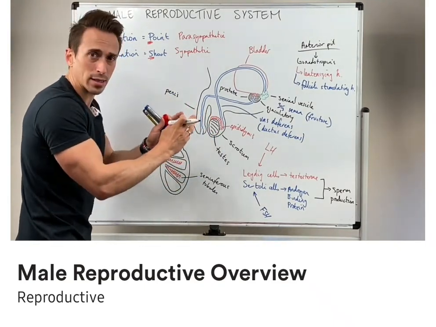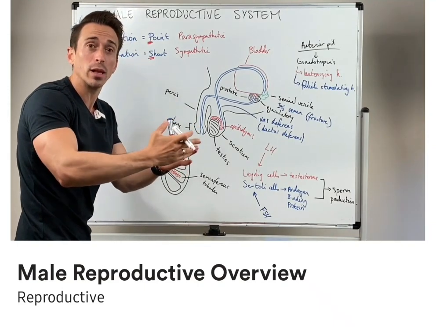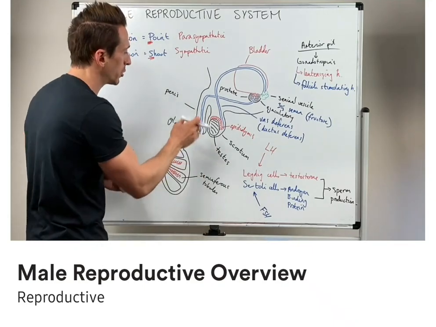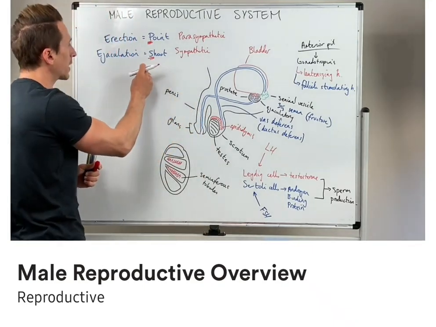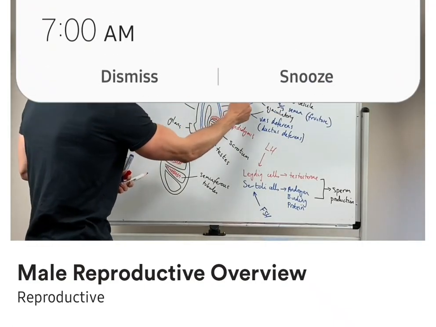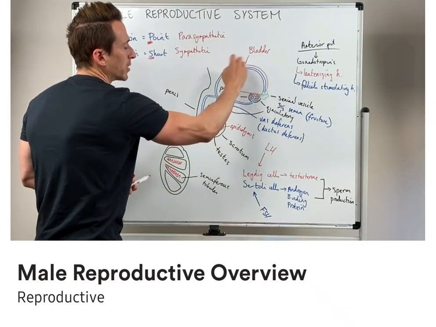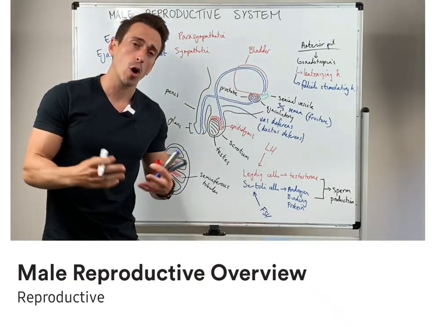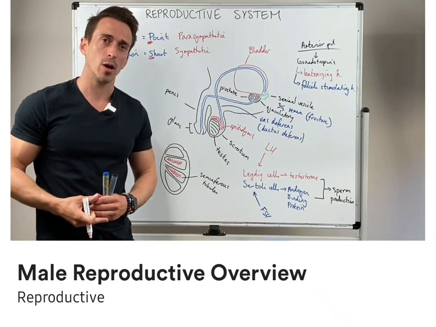Blood enters the penis and it compresses the veins so blood can't leave. So the erection is blood filling the spongiform tissue of the penis. Then the ejaculation is coming from stimulating the sympathetic nervous system, telling the smooth muscle of this tube to contract, pushing the sperm and the semen through. And this is a quick run through or overview of the reproductive system of males.